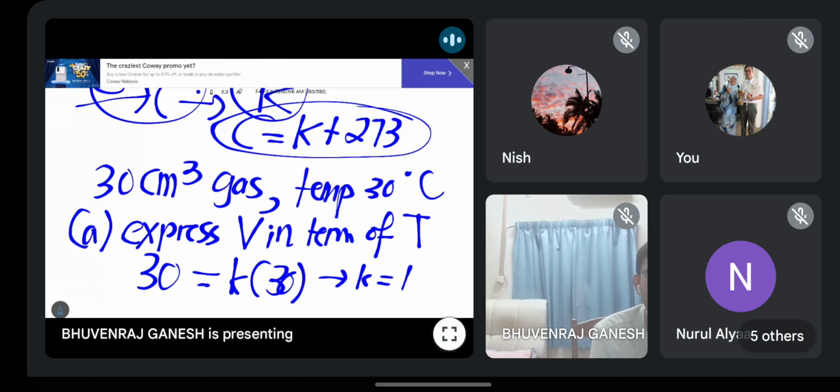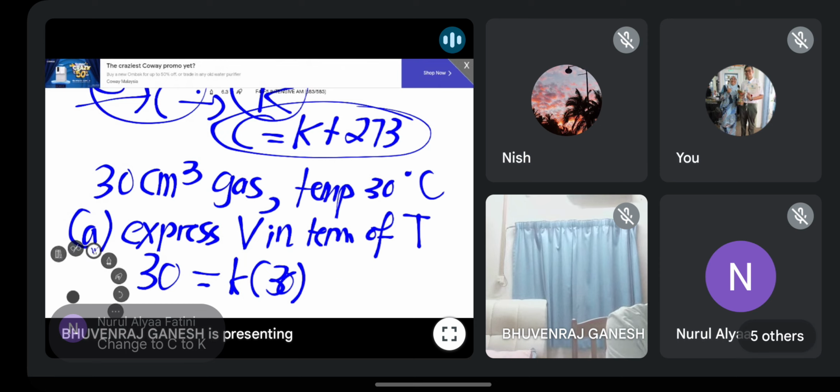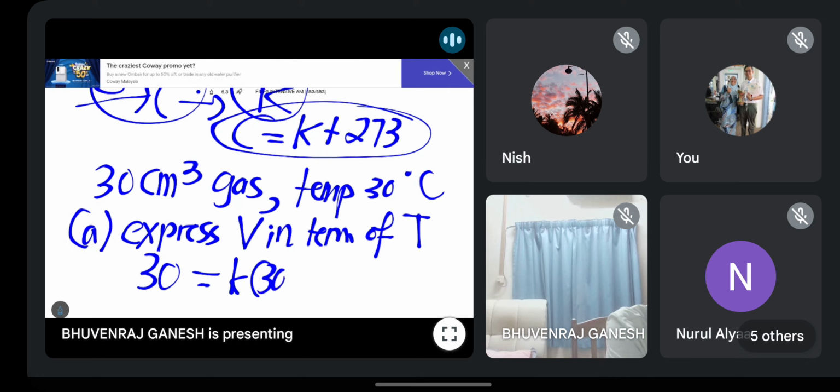Everyone will do it like this. Yes, you must convert. Correct. That's why I say units in this chapter are important. Because they like to play with the unit. So you convert the 30. You must do 30 plus 273. Okay. So, this is the conversion. 30 Celsius in Kelvin.